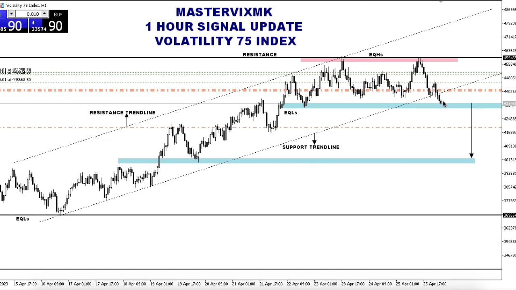As we entered nicely, we had a pullback and entered again, and now we're waiting for price to give us what we deserve. We're not gonna force the market. We're just gonna let it do what it's supposed to do. You don't force things, and you don't prematurely close your trades.